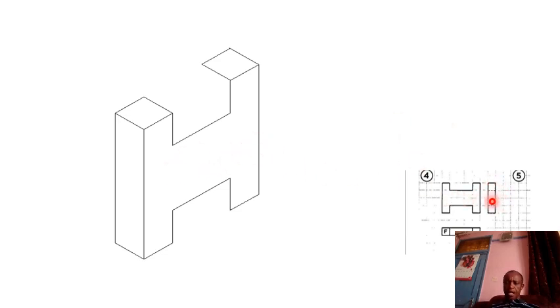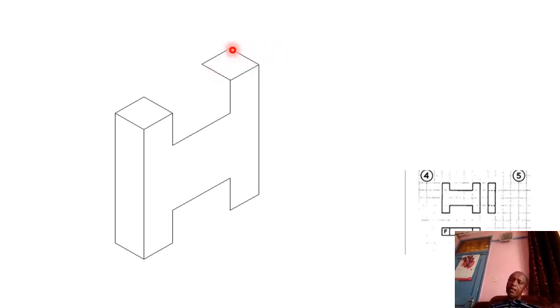And then this rectangle here is also very prominent, but without dotted lines because we are not looking through it. And then you can see the other parts now that we need to put together. Just pull a line down here and then pull one here. And one thing you have to be very keen about is that these lines are parallel to each other.